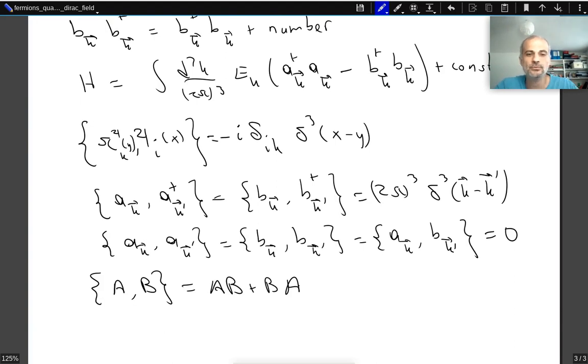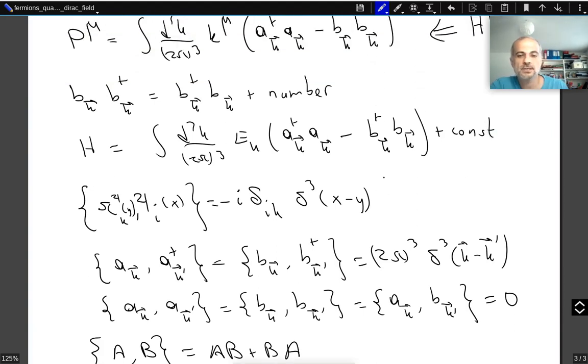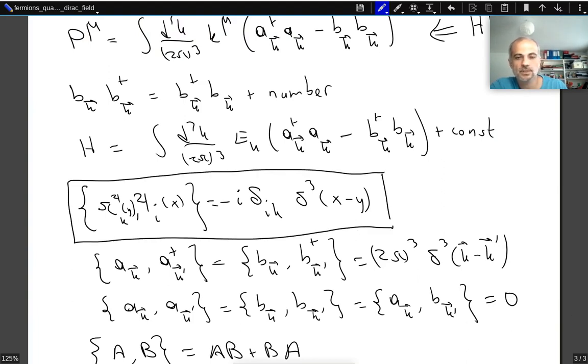Now when we quantize the system using this anti-commutator quantization condition, this is our quantization condition.